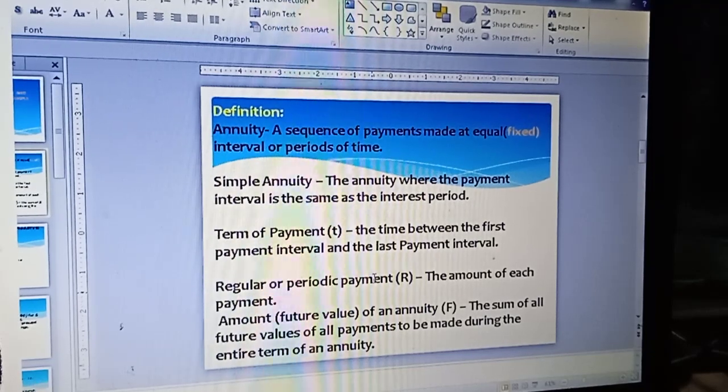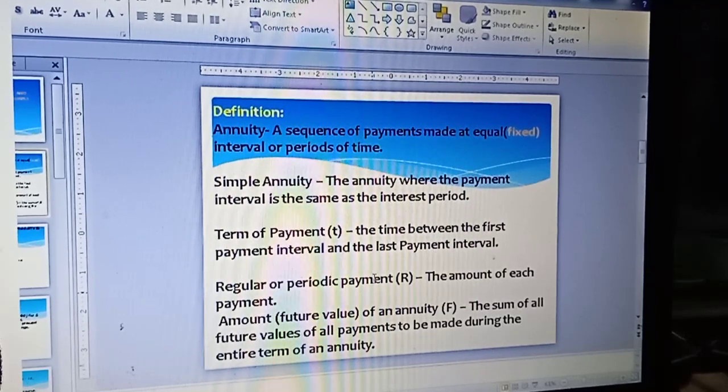The amount or future value of an annuity, F, is the sum of all future values of all payments to be made during the entire term of the annuity.